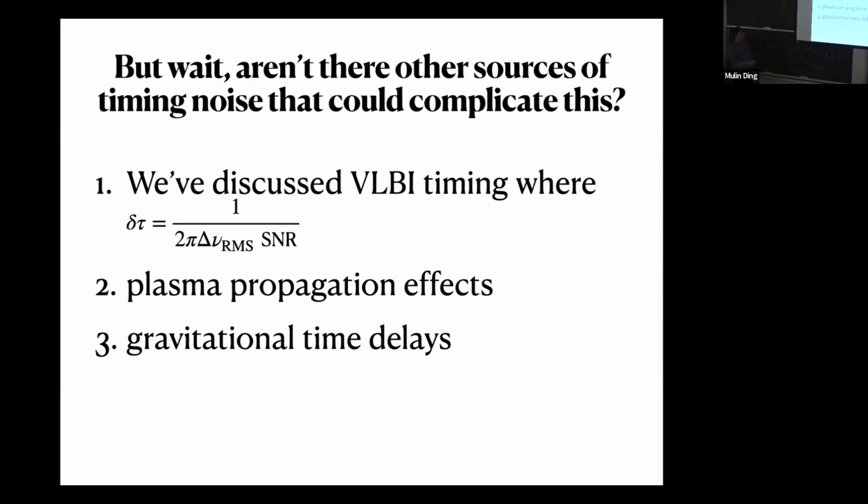We talked about how well we can align the waveforms in time, time their arrival on the detector, which is the VLBI timing errors of order 1 over the bandwidth. But you might also worry that my FRB light is going through a plasma. The universe is a plasma. There are going to be plasma propagation effects. There might also be gravitational time delays. Are these going to contaminate this measurement?